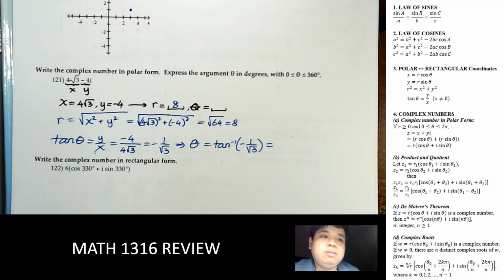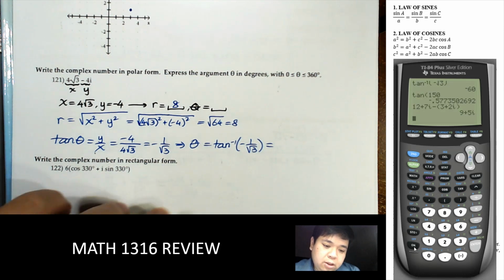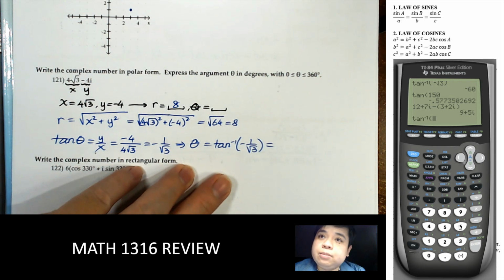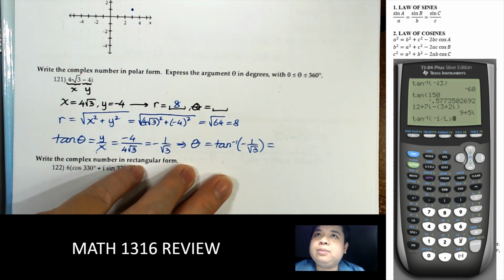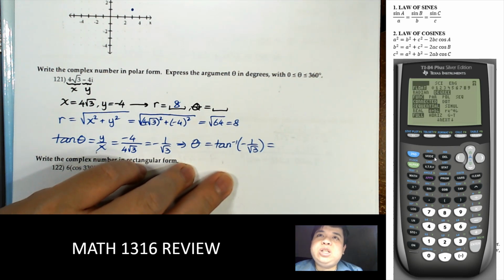Let's see. Calculator. Tangent inverse of negative 1 over square root of 3. Oops, square root of 3. There. It's in degree mode, so it's okay there.